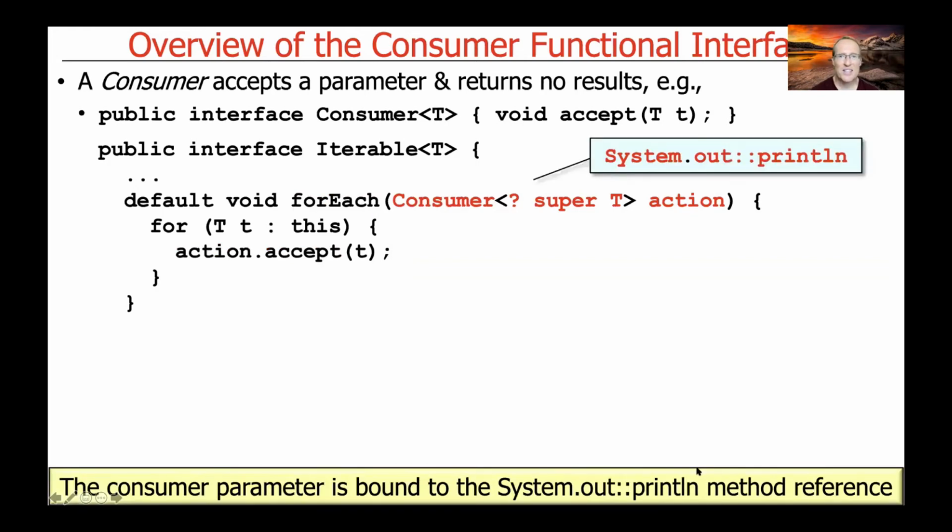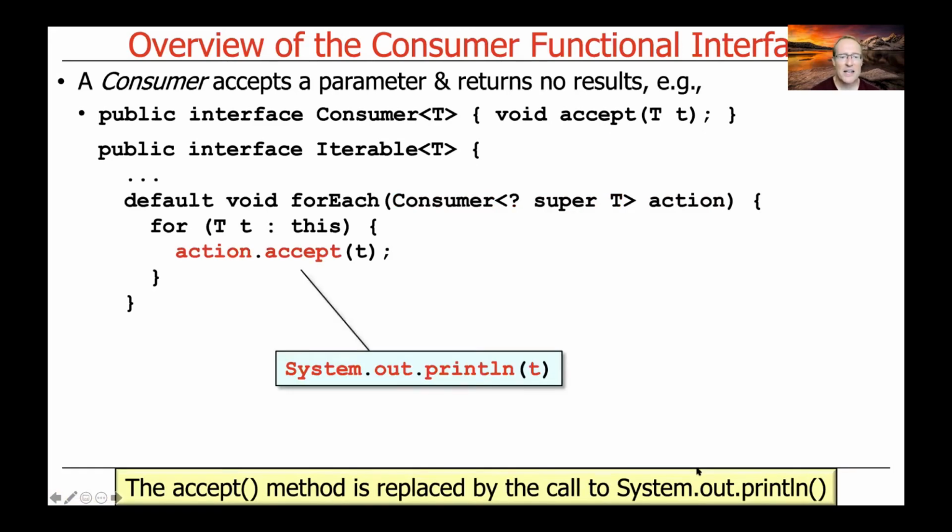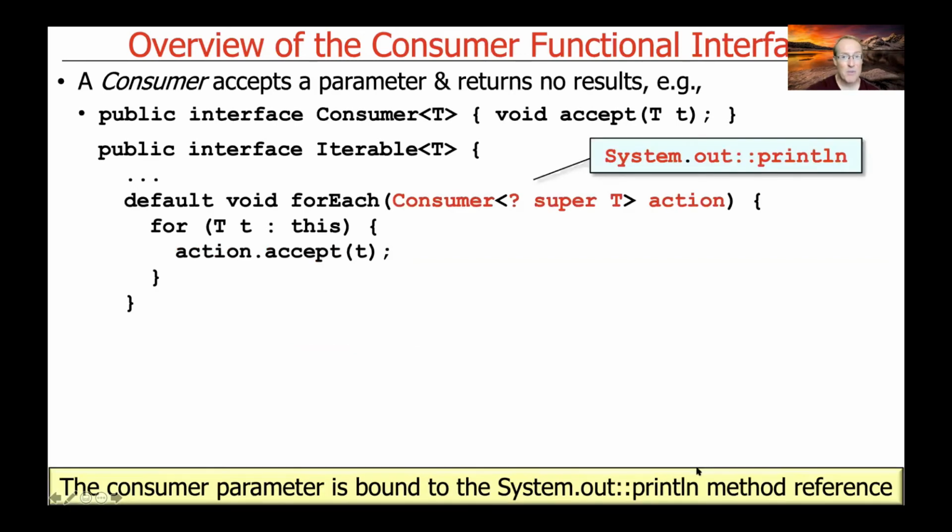So in this particular case, the consumer that we're going to have is system.out::println. And that's going to go ahead and print the results. No surprise, right? So basically what we're saying here is for each thread in our thread list, print the contents of the thread, or print its name, basically. And so what's going to happen here is this is going to bind the system.out::println method, which is what was passed here as the method reference.